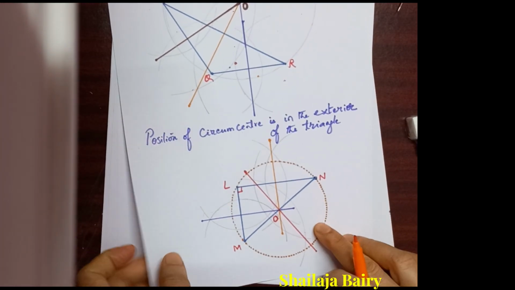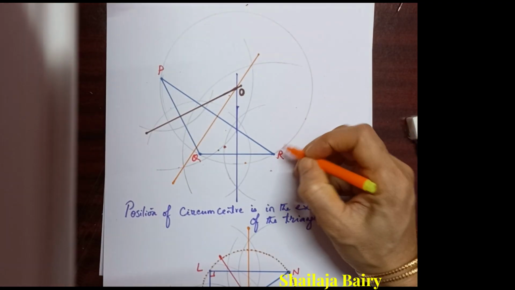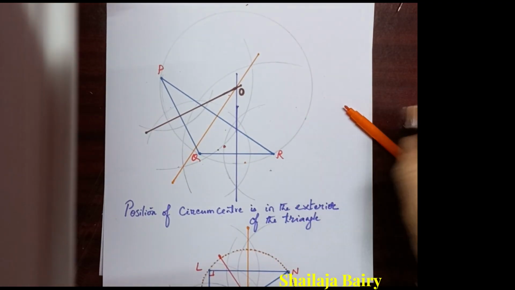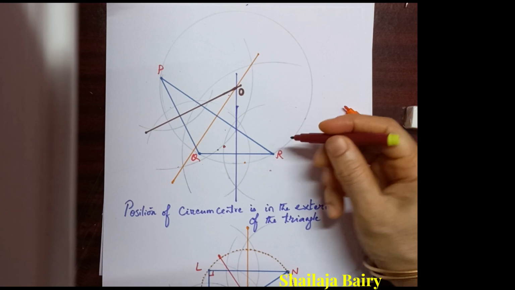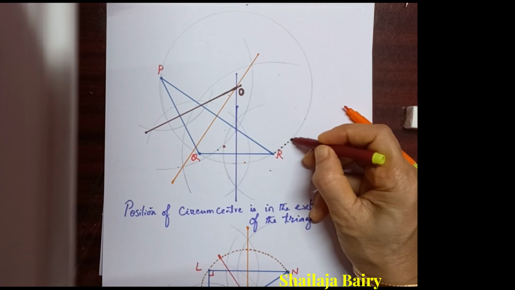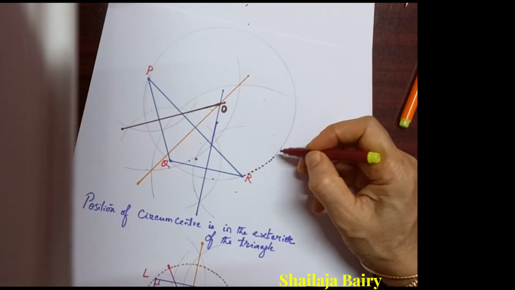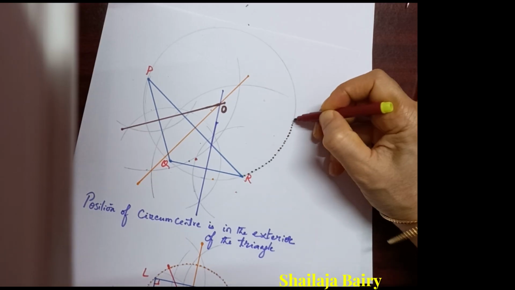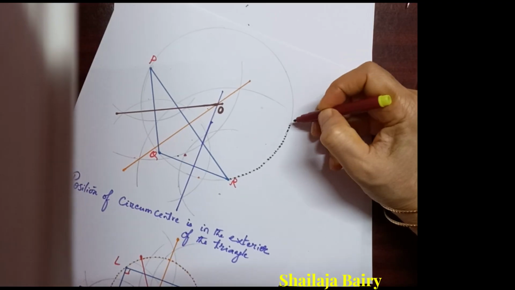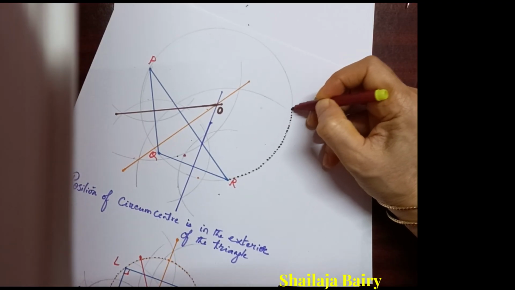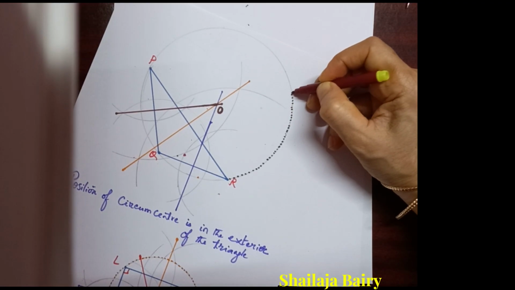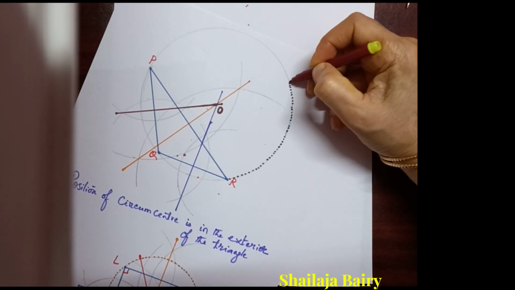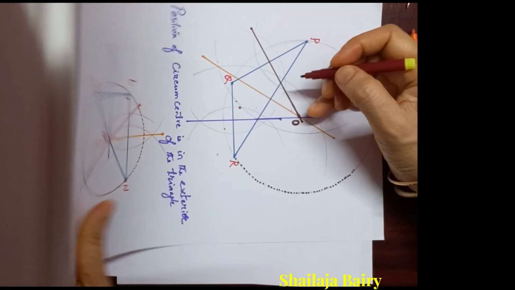So this is for the right angle triangle, and for the obtuse angle triangle, as we can see, the circle is large and the major part of the circular region is outside.